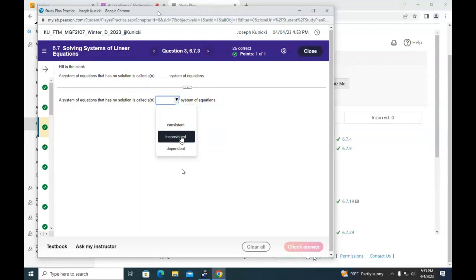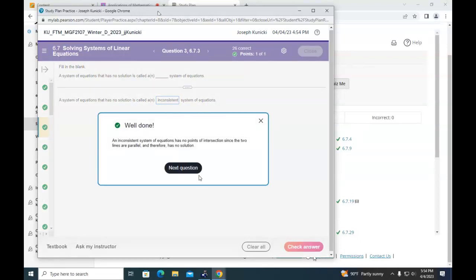If you look on the second page, the two that are parallel, it says inconsistent. Now, with one variable, we call that a contradiction because we end up with a false statement. Here we also end up with a false statement, but in terms of a system, we call it an inconsistent system, not a contradiction. There's no consistency to it.